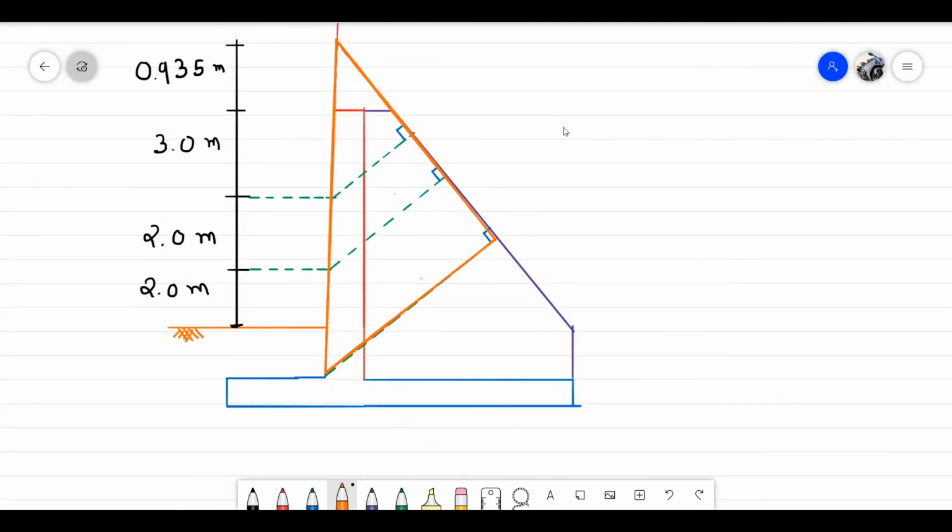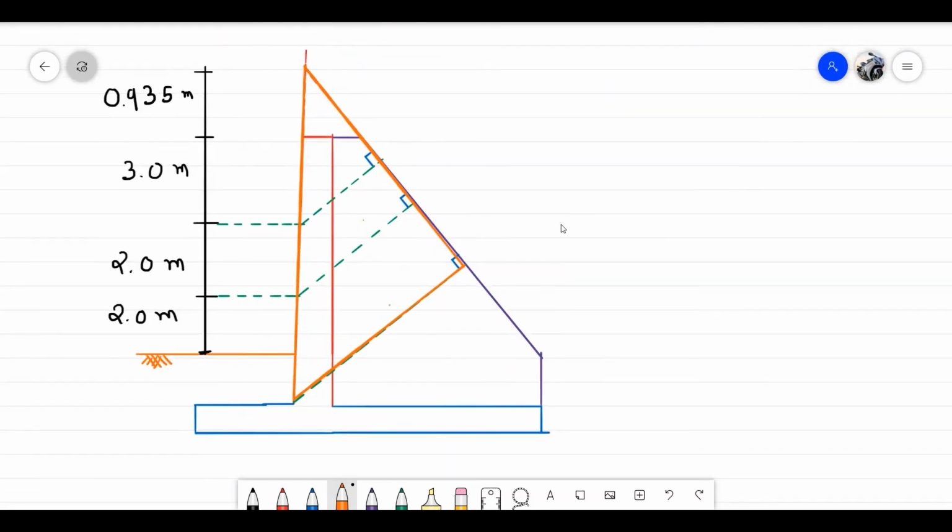Now we are going for the 8 meter depth. Okay, 8 meter depth. So here sine theta is equal to capital D divided by 7.55.